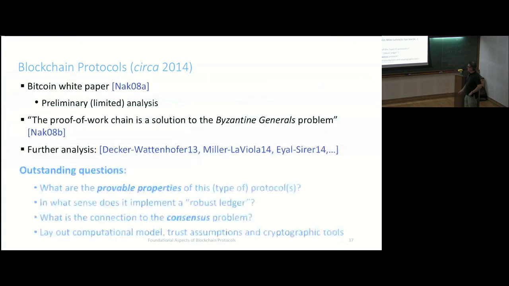But the outstanding questions back then when we started looking at this were: what are the properties of this type of protocol? How does it implement a robust ledger? What's the relation to consensus, based on the general consensus? And to do that, we had to lay out a computational model, assumptions, and the cryptographic tools that were used.